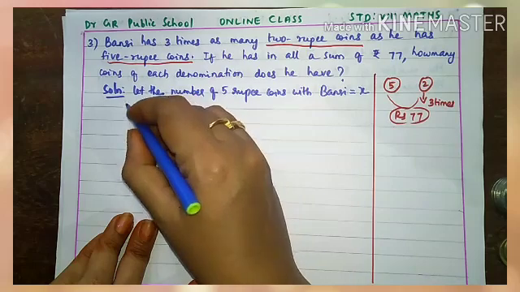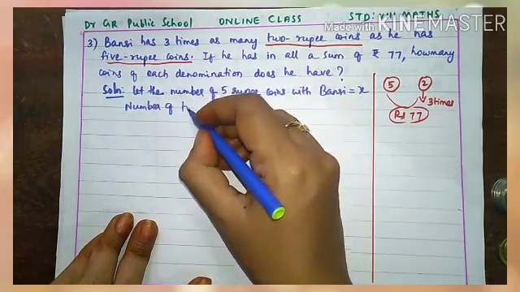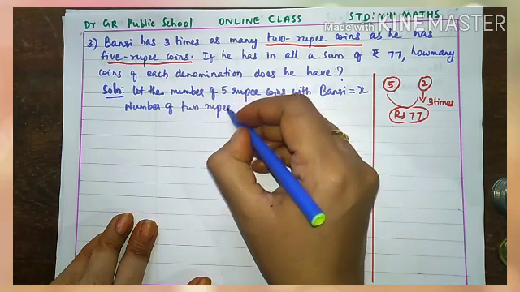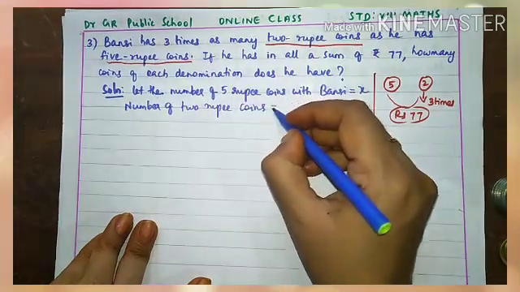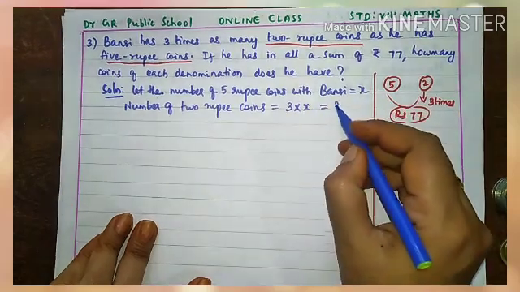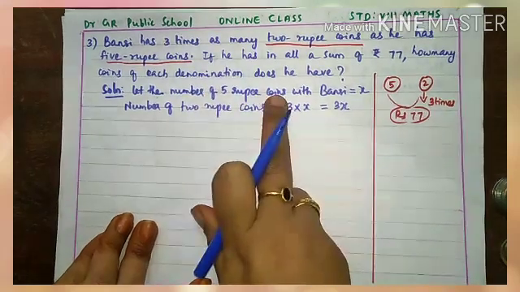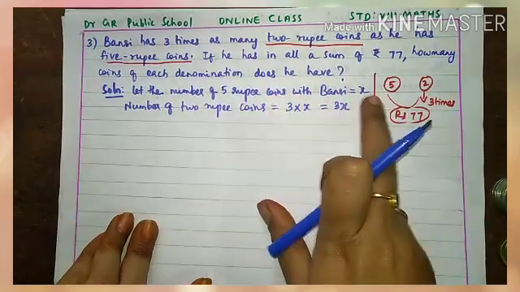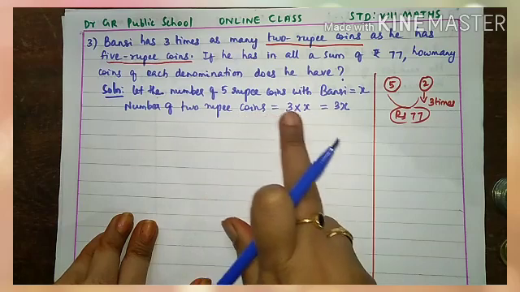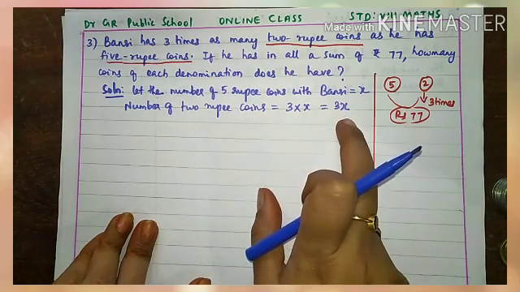So how to write? Number of 2 rupee coins is 3 times the 5 rupee coins, that is 3 into x, 3x. Understood, all of you? So 5 rupee coins we are taking as x and 2 rupee coins will become 3 times the 5 rupee coins, that is 3x.